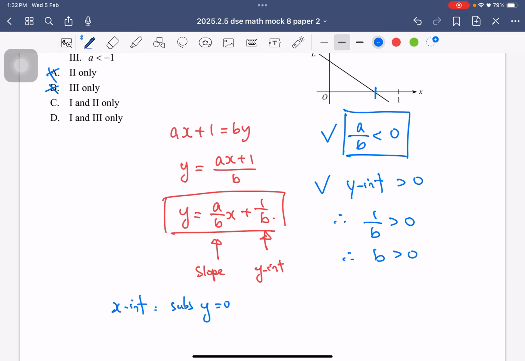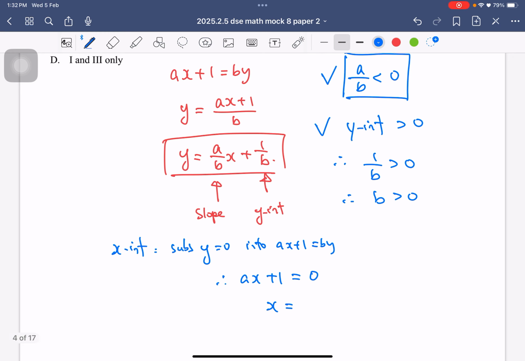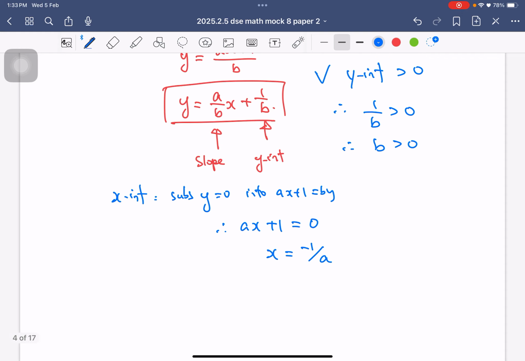Okay? So I substitute y equal to 0 into the original equation, ax plus 1 equal to by. So that we have ax plus 1 is equal to 0. So x is equal to, you move the plus 1 to the right, negative 1 divided by a. So from the graph, the x-intercept is smaller than 1, isn't it?